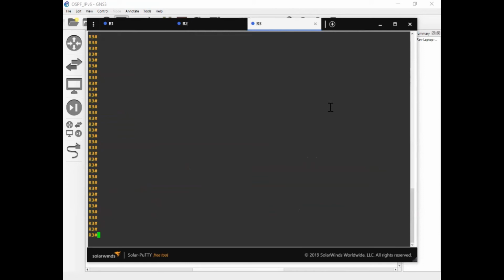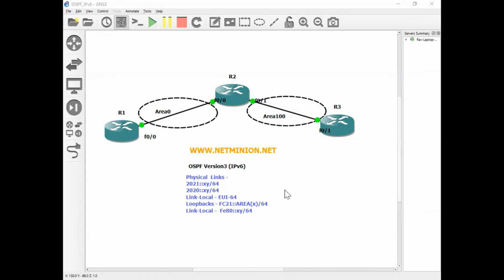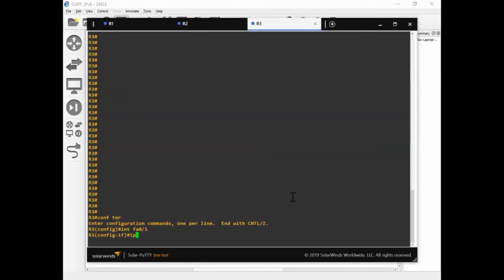Then over R3, if I go to config t, interface FastEthernet 0/1, if I am not wrong, let me check. After 0/1, yes. Here IPv6 address, and it is 2020/32/64. No shut.